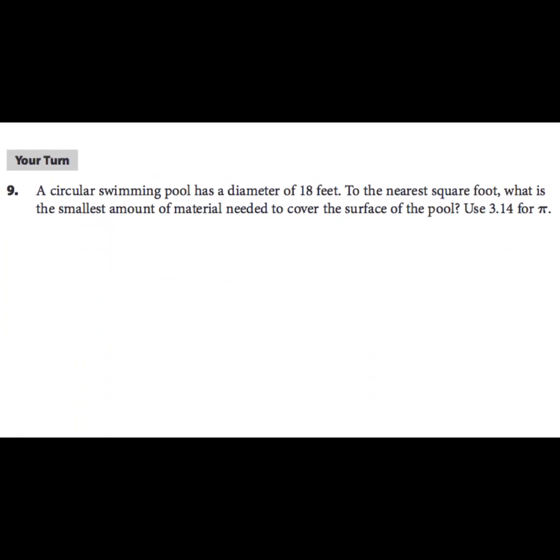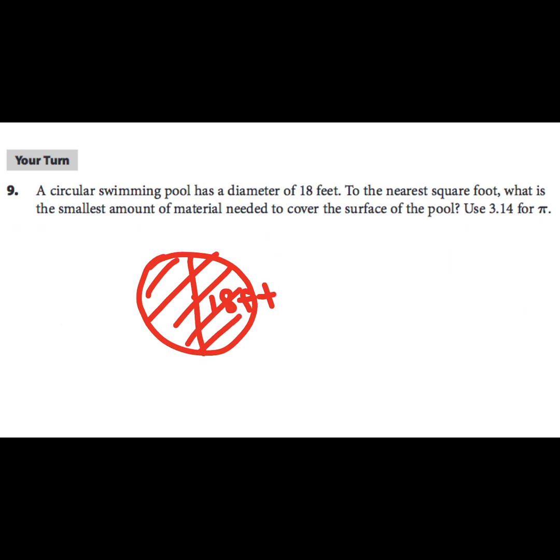Number 9, a circular swimming pool has a diameter of 18 feet. So I'm drawing the diameter for the pool, which is 18 feet. To the nearest square foot, what is the smallest amount of material needed to cover the surface of the pool? So of course we want to use the least material. That means we are going to cover the entire area of the pool. The diameter is 18, so therefore that makes the radius 9 feet.